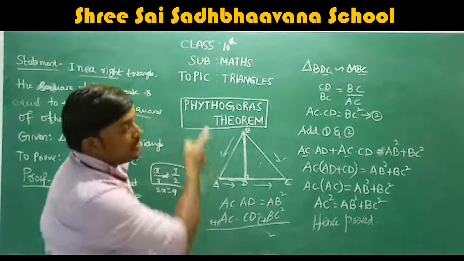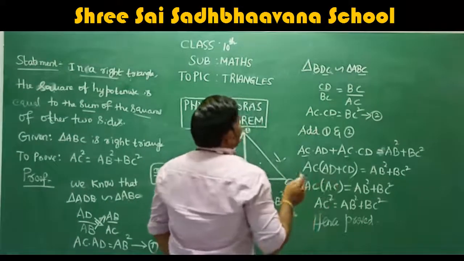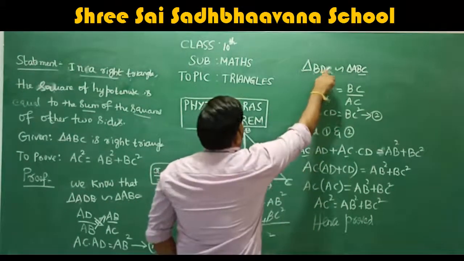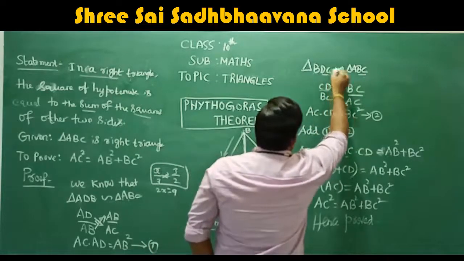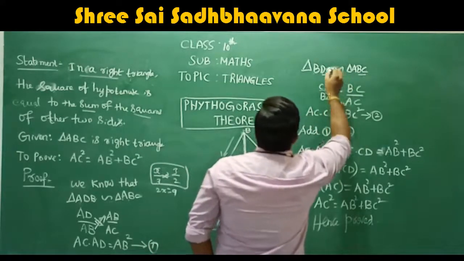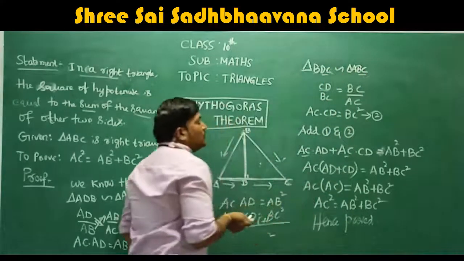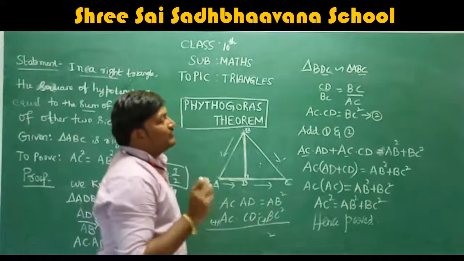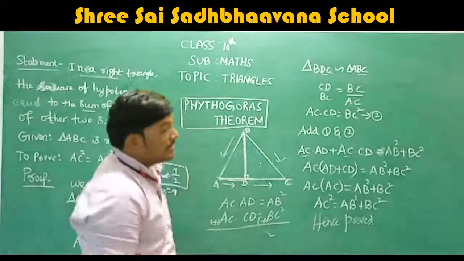Again, here I am taking CD, or DC. DC divided by BC, because DC is the second two letters here, and again the remaining two letters BC. So CD by BC is equal to BC by AC, first and last in the other triangle.